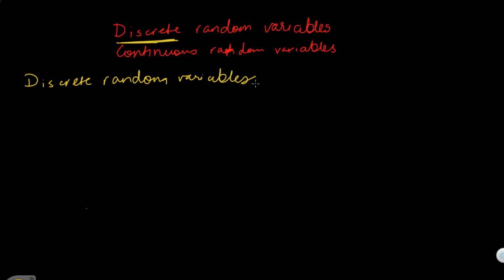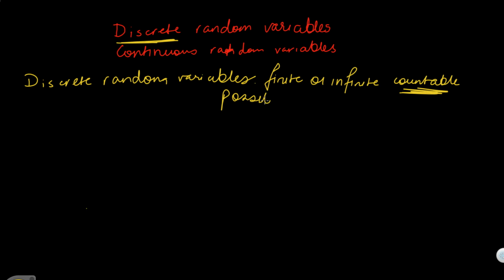So we should be able to count all the possible outcomes of that particular random variable. So these have finite or infinite countable, which is the keyword here, countable, possible outcomes.